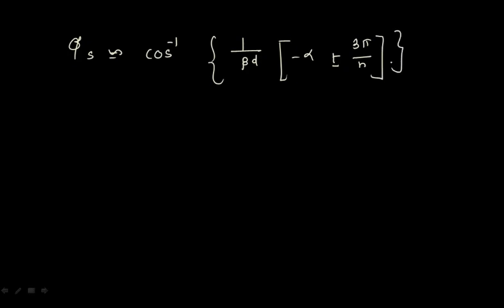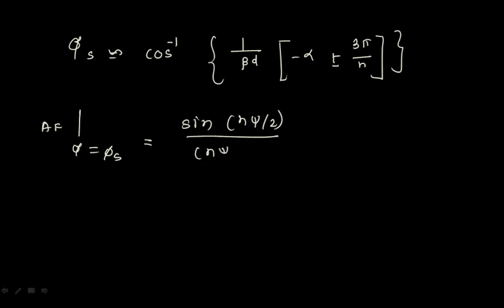Now in this angle, if we calculate the array factor at phi is equal to phi s, I'll just write sine of n psi by 2 divided by n psi by 2. ठीक है, क्योंकि 1/n को अंदर ले लिया तो n हो गया. ठीक है, so it will be 1 over 3 pi by 2, which comes 2 over 3 pi, and which comes 0.212.